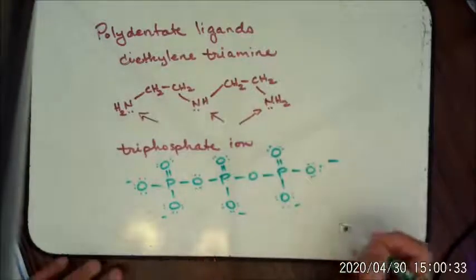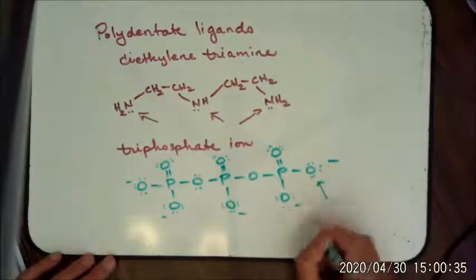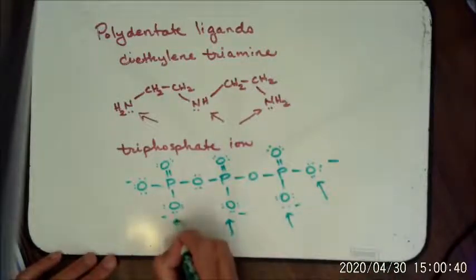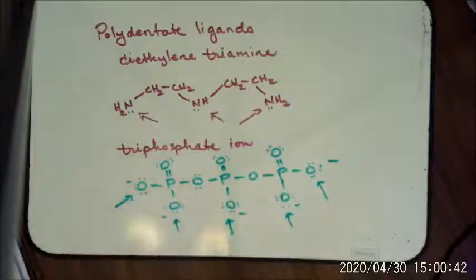Okay, so in this case, for triphosphate, I have 1, 2, 3, 4, I have 5 donor ligands in triphosphate.